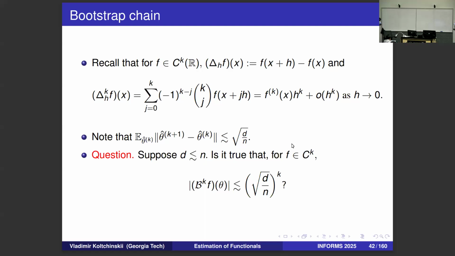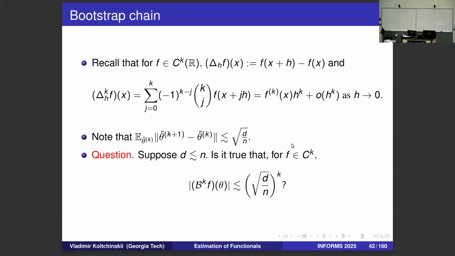Now, the question that we will have to answer is this: if we are dealing with our bootstrap chain, we will have this condition, actually, right? Because we assume that for the estimator itself we have a condition like this, it can be translated as a condition on the bootstrap chain. It will be of the order square root of d over n, which is small if d is not very large compared with n.